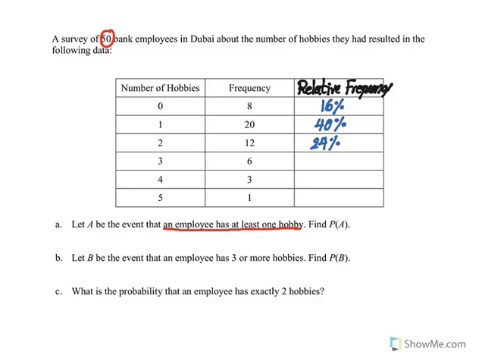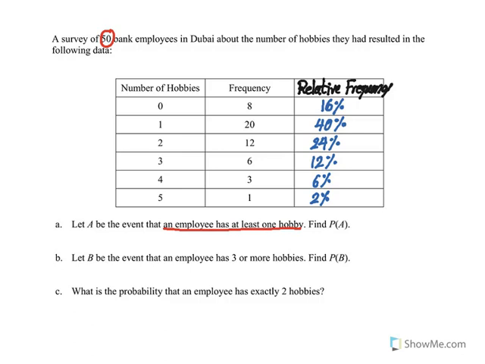And 6 out of 50 times 100 is 12%. 3 out of 50 times 100 is 6%. And 1 out of 50 times 100 is 2%. Notice that if you add the percentages, you must get 100% exactly.